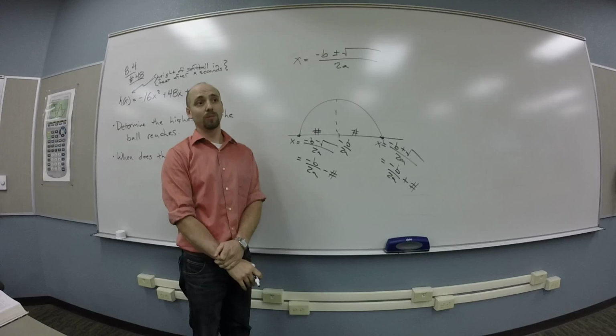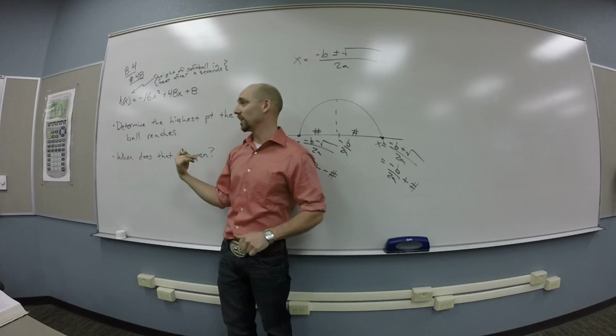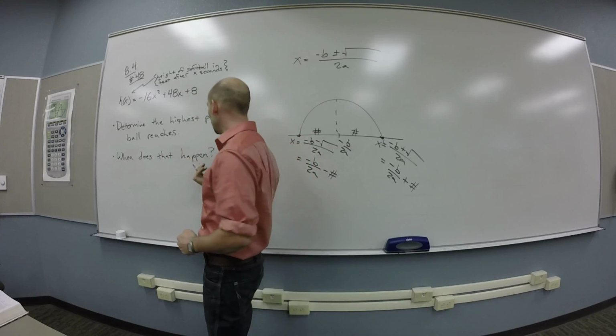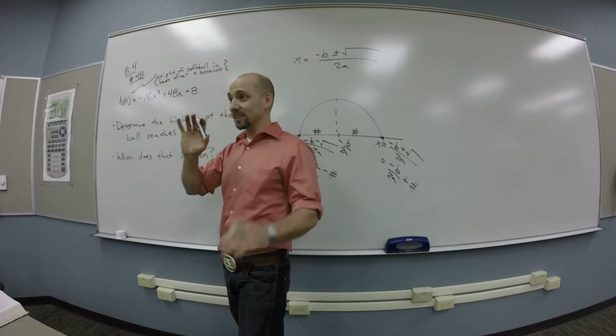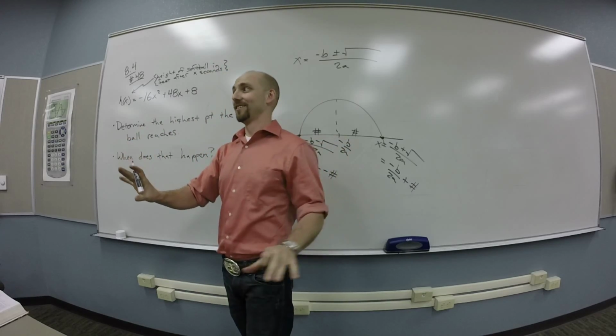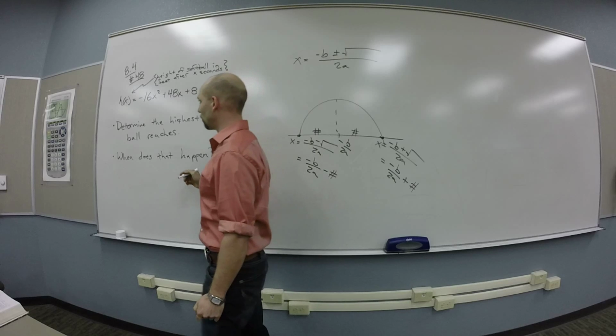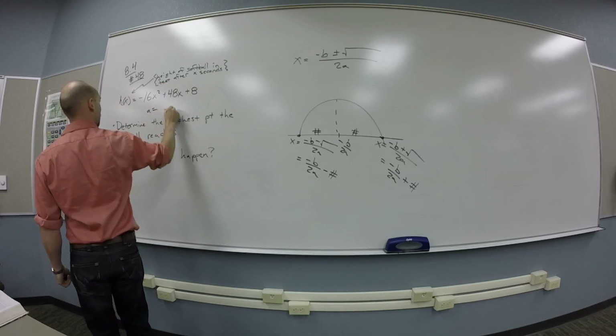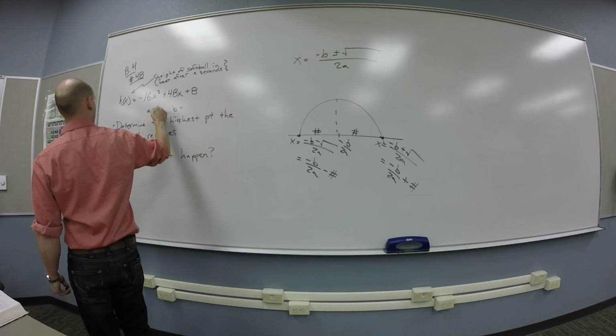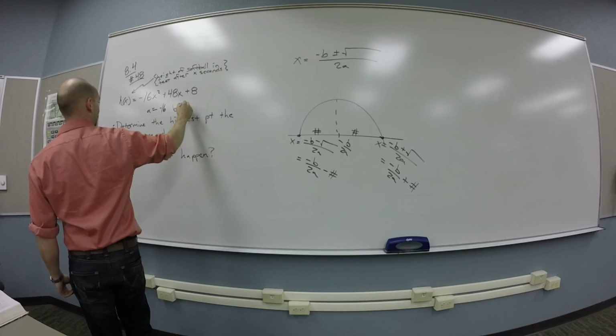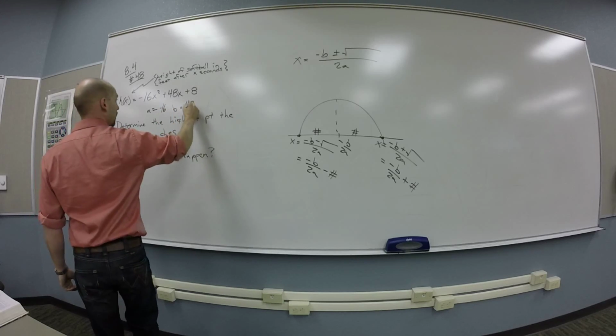Which is super cool because it lets me do problems like this really easily. I don't even have to recognize c, right? I just need a and b. So what's a and what's b out of this guy? a is negative 16 and b is 48.